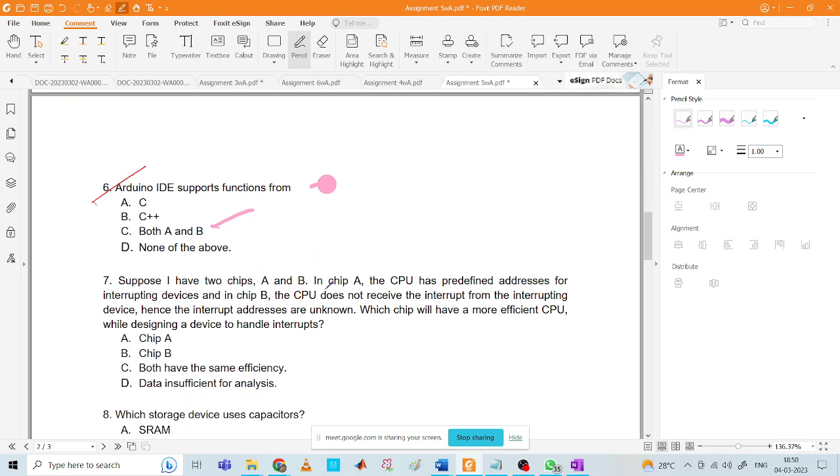Question 7 is a bit tricky. Just read the question and then tell me the answer. If you are not able to understand, please tell me that yes, you have not understood the question.